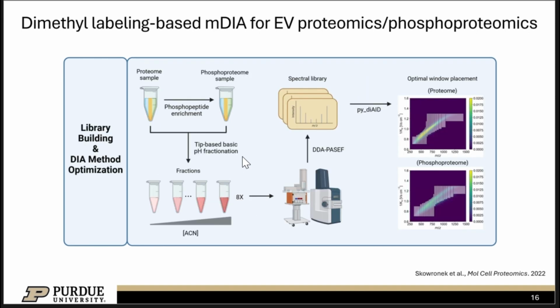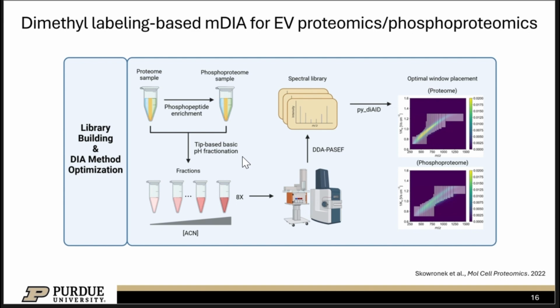Next, we want to optimize the mass spec acquisition method, and at the same time, we want to build a library for the DIA search. In this case, we have the proteome pooled samples, and for the phosphoproteome, we do another phospho enrichment to get the phosphopeptide samples. We hypothesize the EV proteome is less complicated than the cell samples.